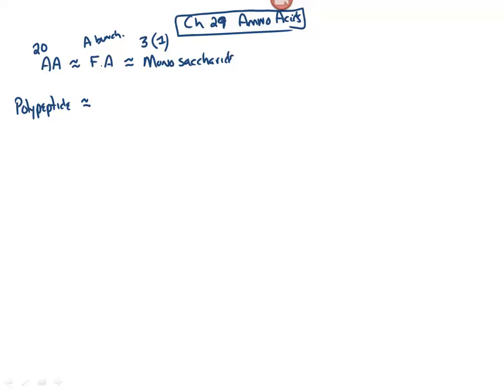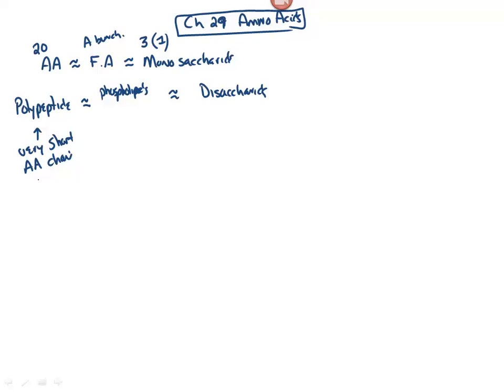I don't know if there's a good example for fatty acids, but I would say that this is our same thing as our phospholipids, meaning it's the next step up. And for sugars, I would say that this is more like our disaccharides. And so what a polypeptide simply is, is a very short amino acid chain.